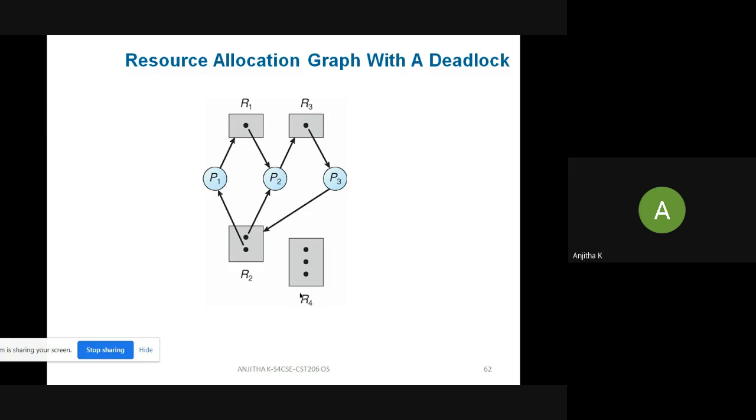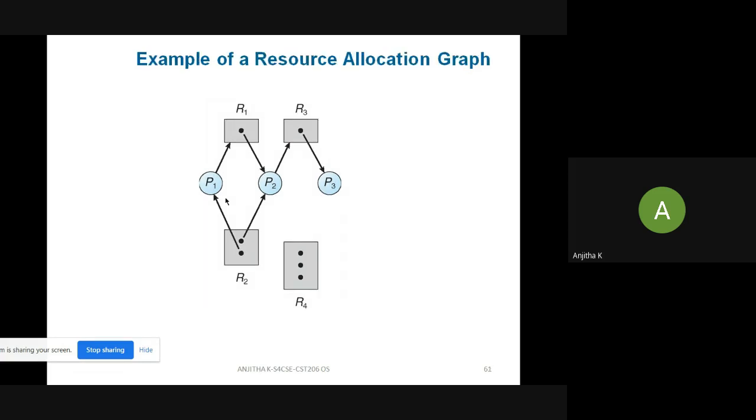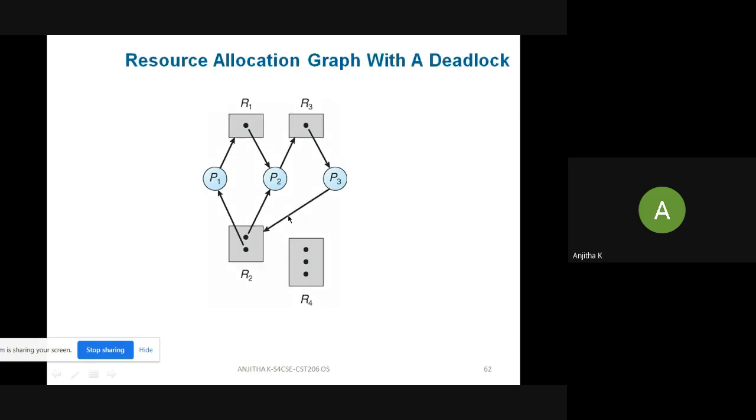Now consider a resource allocation graph with a deadlock. With a deadlock means, see here, this is the graph. Here we have a cycle. Okay, here also we have a cycle, but here there is no deadlock. I'll explain it. Here see, there comes a request edge.